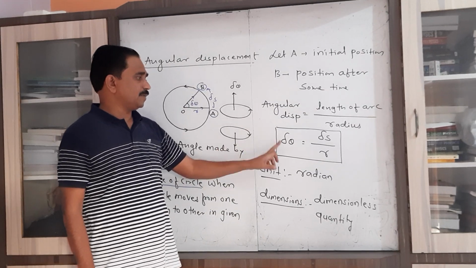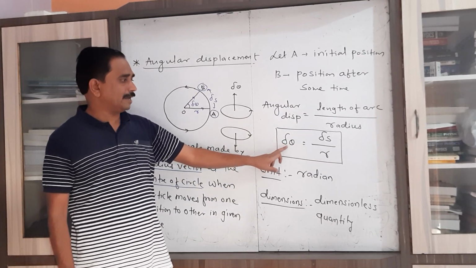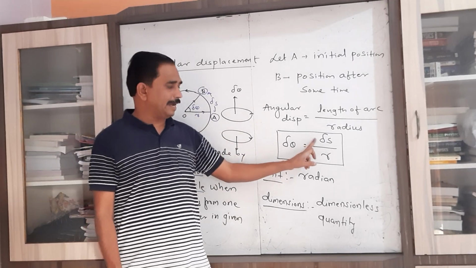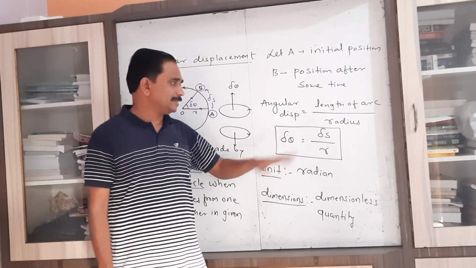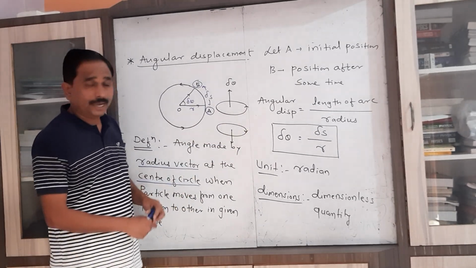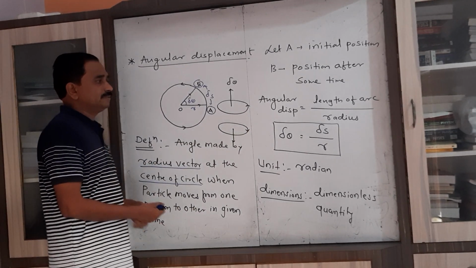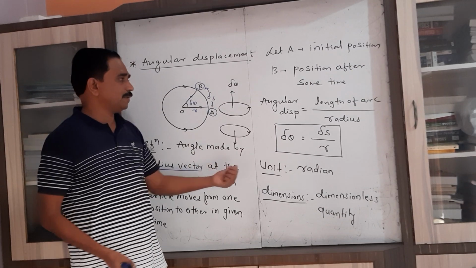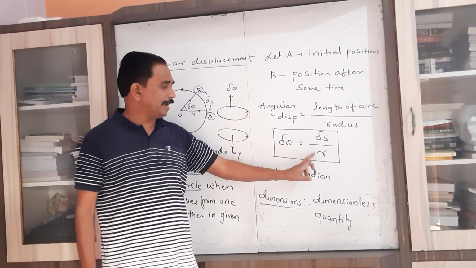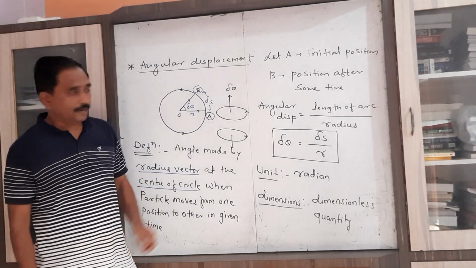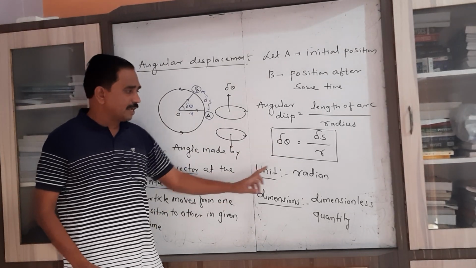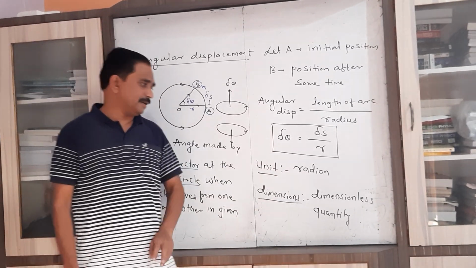Angular displacement is denoted by delta theta, length of arc by delta S, and radius by r. So by the formula, angular displacement delta theta equals delta S by r.